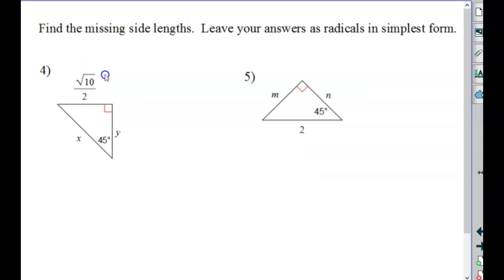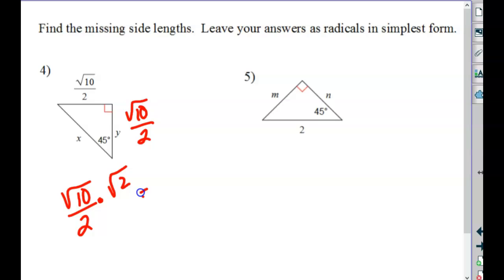What am I going to do with square root of 10 over 2? Well, that's a leg, right? So it also goes where y is, because the legs are both the same. And how do you find a hypotenuse? You take one of the legs and you multiply by square root of 2. Okay, help me out.